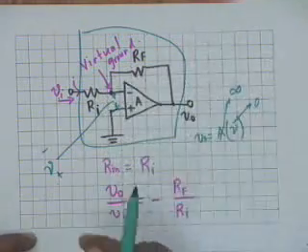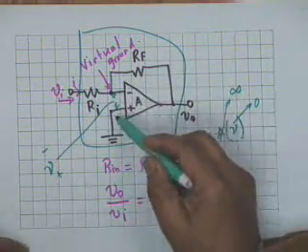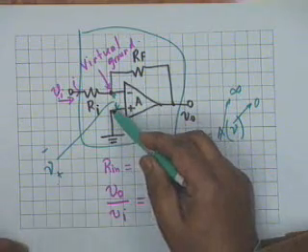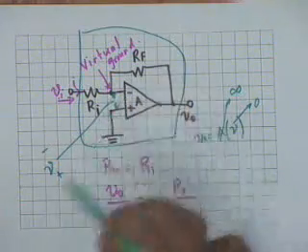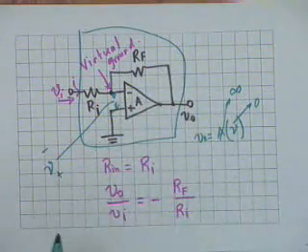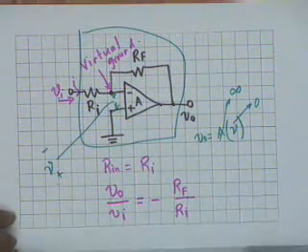The definition of an op-amp remains the same. It is A times the voltage applied to the non-inverting terminal minus the voltage applied to the inverting terminal, and because of our assumption of ideal op-amp, the input voltage between the inverting and the non-inverting terminal is equal to 0. Alright, does that make clear?